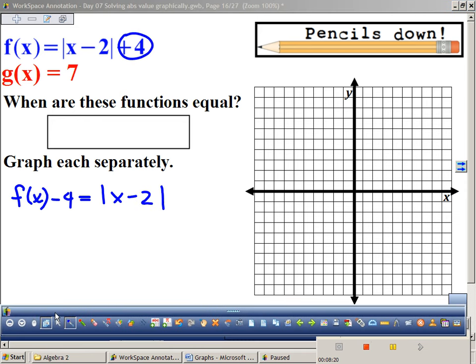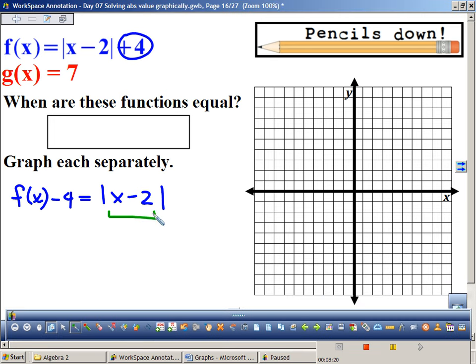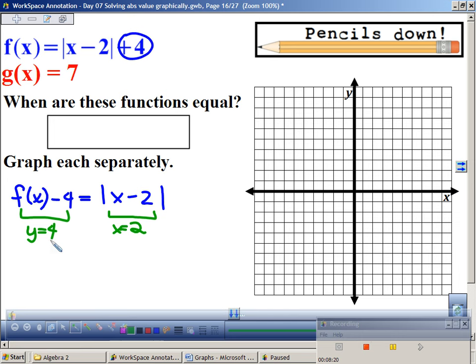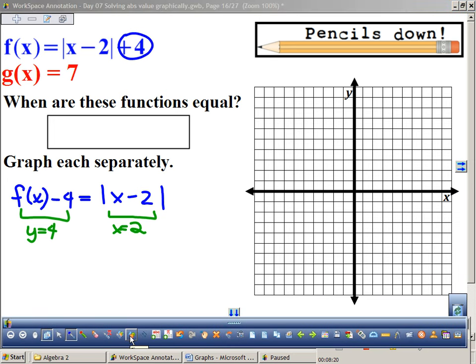I know from yesterday that this means I need to make a horizontal shift of where x equals 2. And this one is a vertical shift where y is equal to 4. So I know that that's my vertex right there. My vertex is 2, 4.